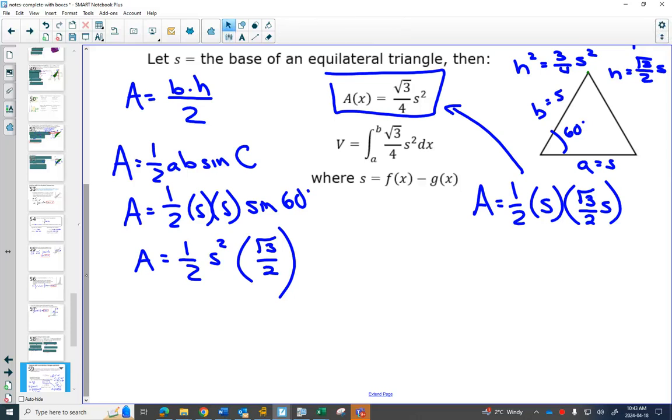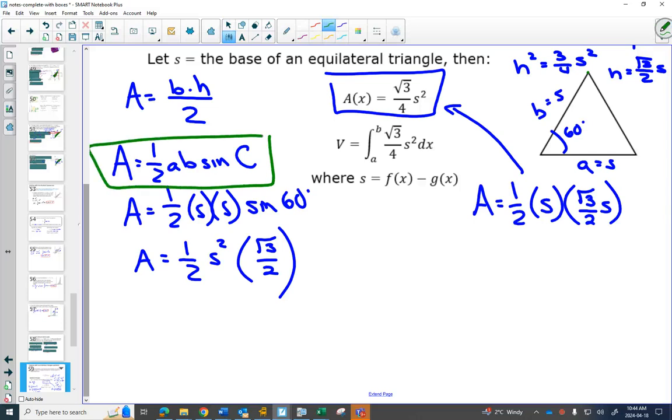So now we can do questions with areas of triangles, but what I wanted to do was just start off to show you that you don't have to memorize this formula. By all means, you can. I would much rather you have this formula memorized than that one.